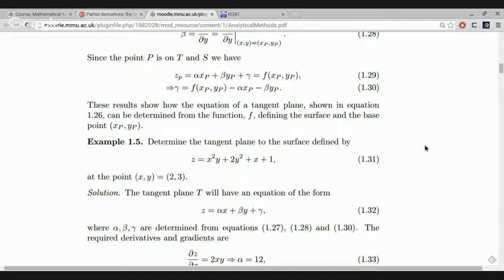Okay, so we'll work through this example, example 1.5. Describe the tangent plane to the surface given by z equals f of xy, where the function is given in the problem as x squared y plus 2y squared plus x plus 1, a polynomial function.